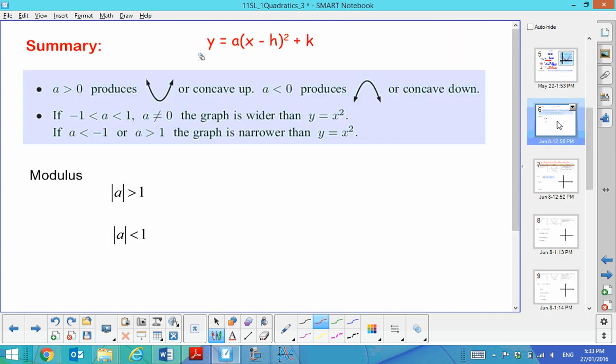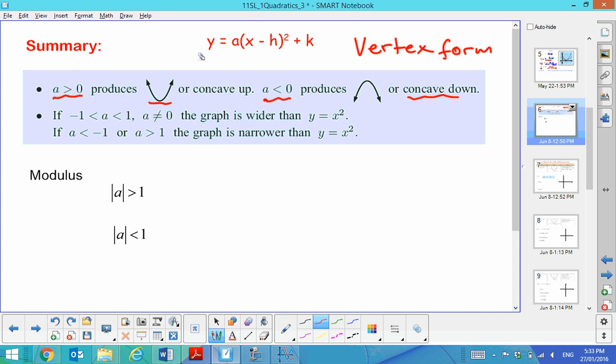All right, so a quick summary, just to pull everything together for this vertex form. So we had a factored form, we now have a vertex form. For the vertex form, if a is greater than 0, we've got concave up. If a is less than 0, it flips it upside down and it's now concave down.